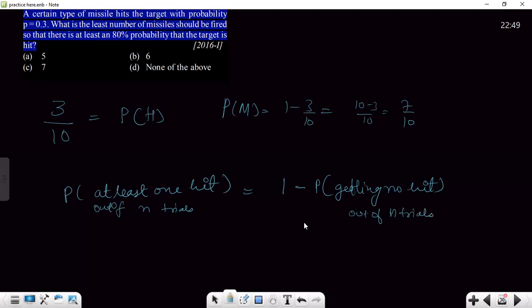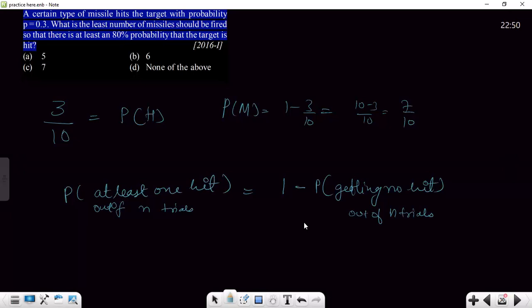Is this making sense? We have done it earlier also, that whenever we had to find the probability of an event happening at least once, we instead considered what is there before one, that is, the event happening 0 times. We take that into consideration and subtract it from 1. Is that clear, everyone? Yes, sir.